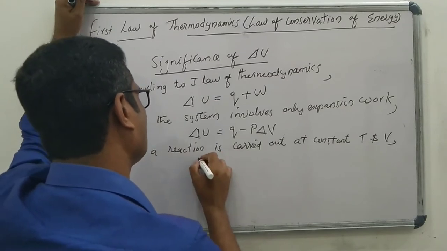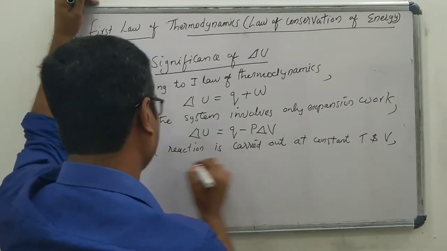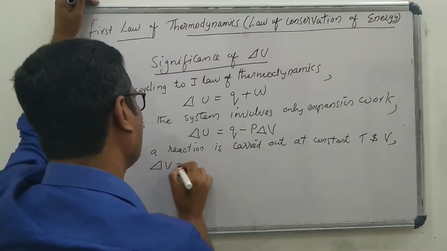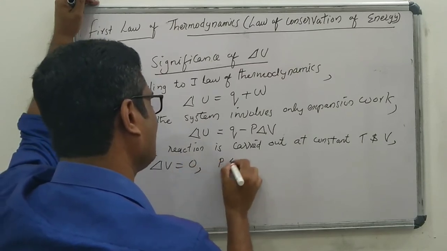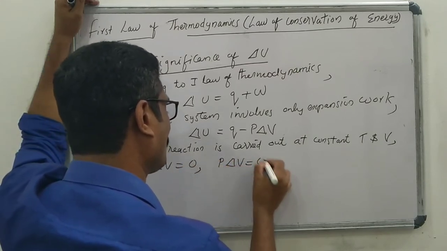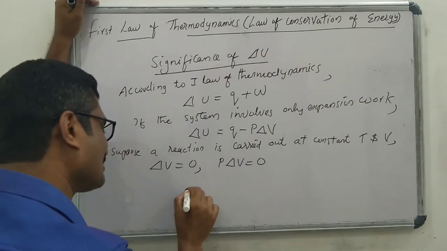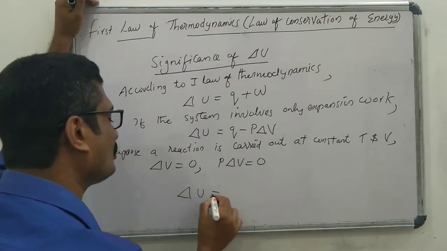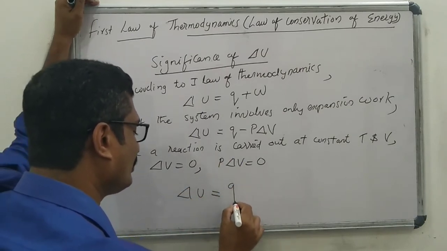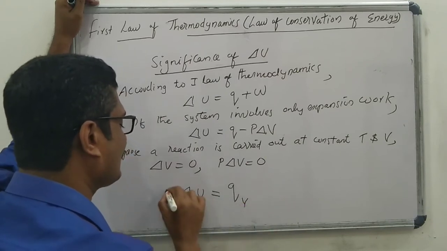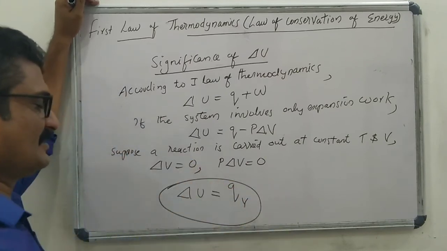Here the delta V becomes 0, then P delta V becomes 0. Yes, that is delta U is equal to Q when the volume is kept constant.